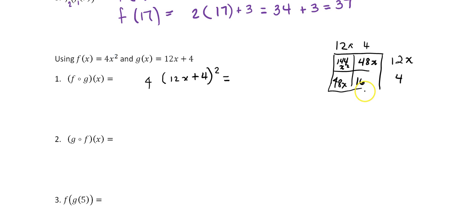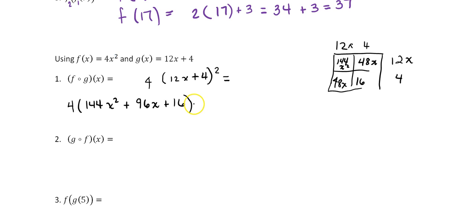Alright, and then I'm going to multiply that whole thing by 4. So I'm going to have 4 times 144x squared plus 96x plus 16. Alright, and then we would just go ahead and multiply that out.